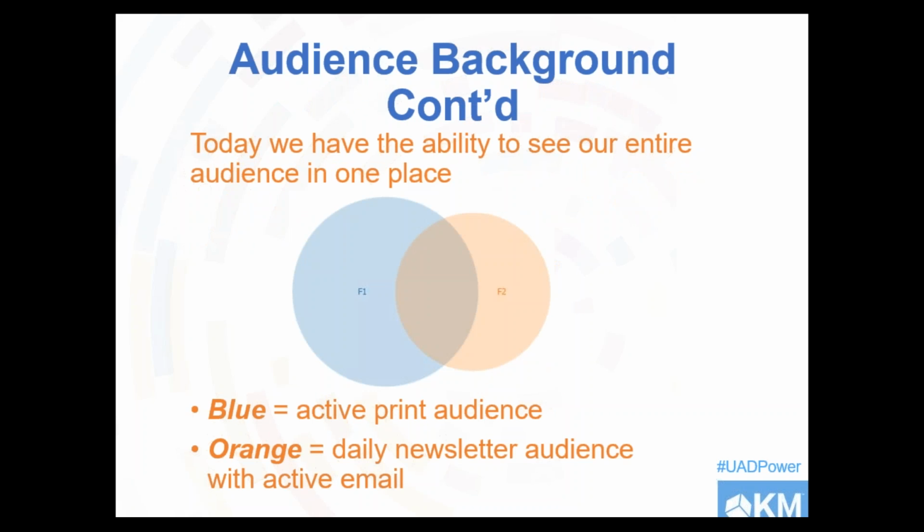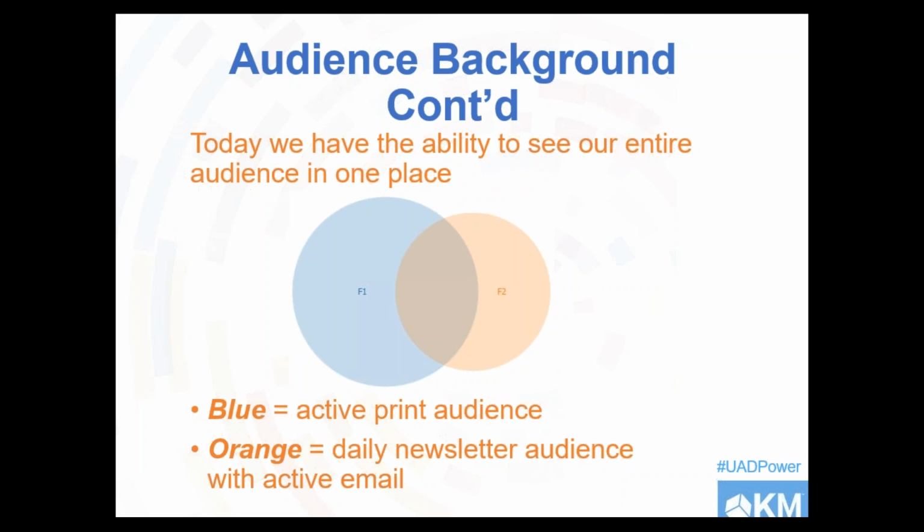So, audience background continued. This is just an example of our audience. Today we have the ability to see our entire audience in one place, whether that be our newsletters, print publications, webinars, events, educational platforms, or surveys. Here, as an example, blue is our active print audience, and orange is our daily newsletter audience with an active email.